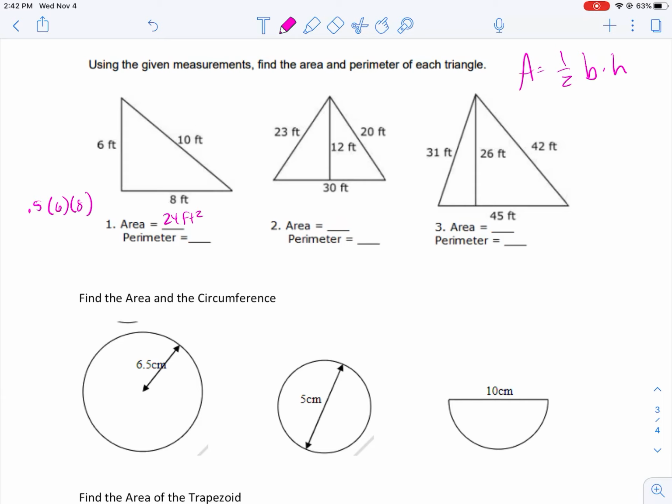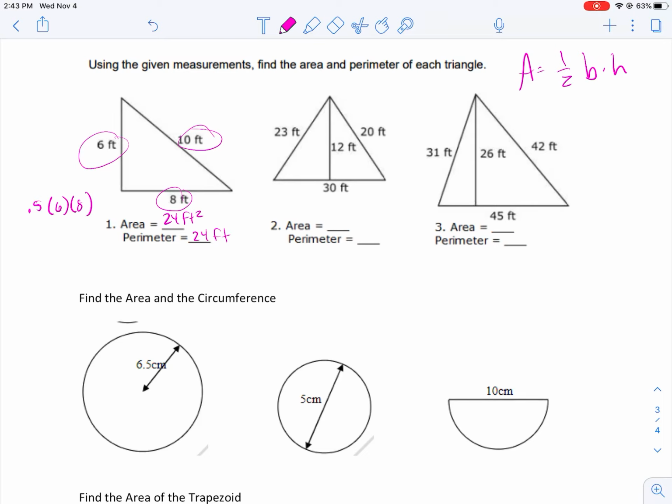To find the perimeter, I just add all these up. So 10 plus 8 plus 6, and again I get 24 feet. Or not 20, yep. Usually that doesn't happen, but it did. So anyway, we're still good.